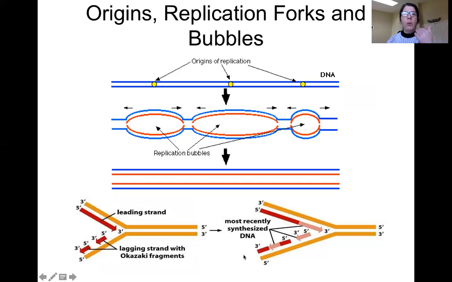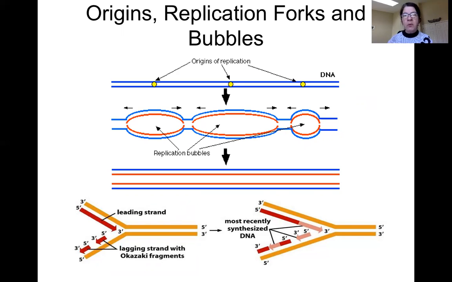Okay, so origins, replication forks, and bubbles. Again, a bubble is really comprised of 2 replication forks. And what I want you to notice here is, in this cartoon, you will see 3 different origins of replication. That is because DNA molecules are large, and we have multiple origins of replication.